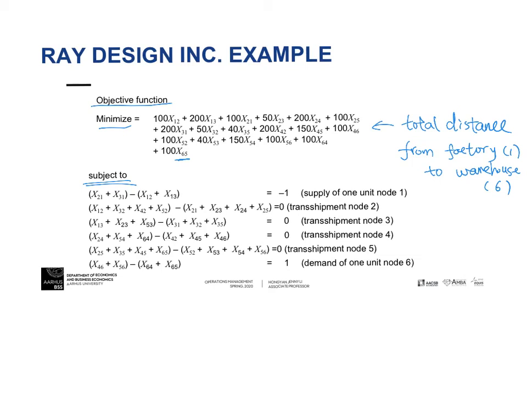So we continue to talk about the constraints. Now you can see we just explain why we need these constraints. For example, if we see constraint 1, this constraint makes sure that only one route is selected. So you can see we have the routes x12, x13. At the same time, we also consider the routes x21 and x31.